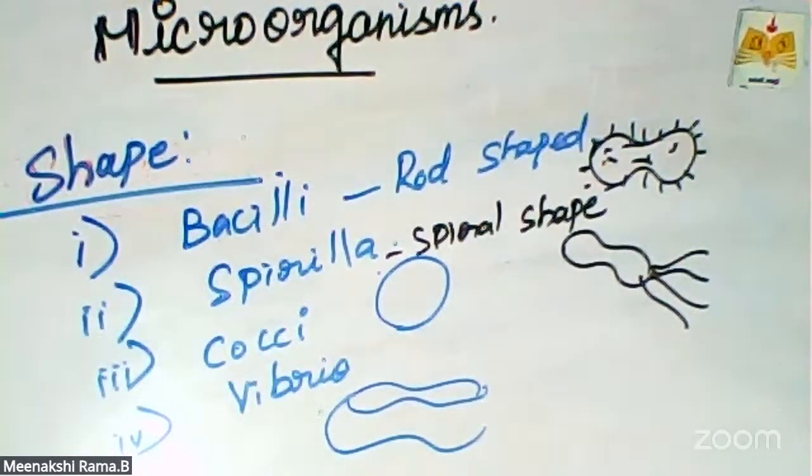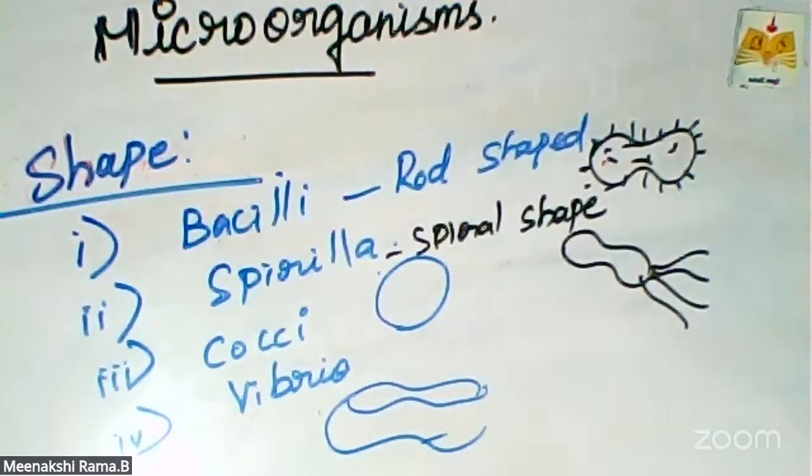What is flagella? Yes, this part is called the flagella. So according to the number of flagella, they are classified into different types: monotrichous, lophotrichous, amphitrichous, and peritrichous.